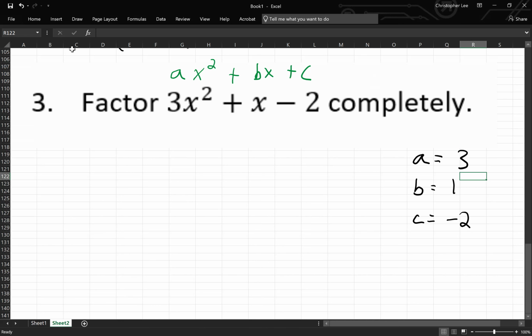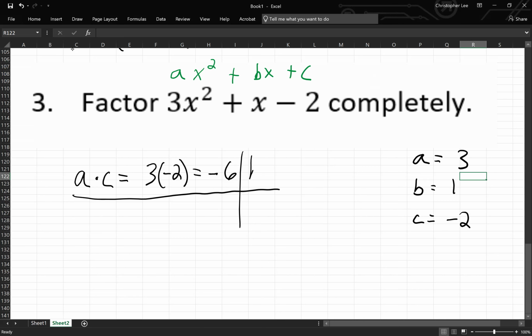All right. So now what do I want to do? I want to do A times C, which in my case would be 3 times negative 2, which gives me negative 6. And for my B term, I have 1. So now this is a little tricky.